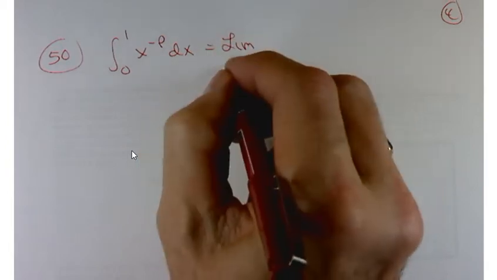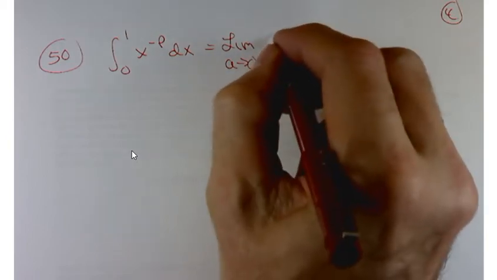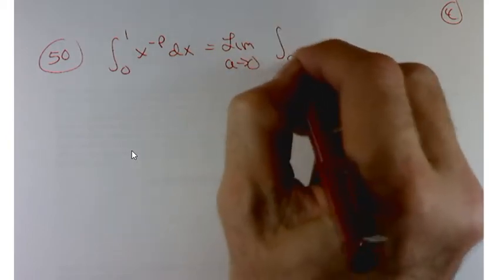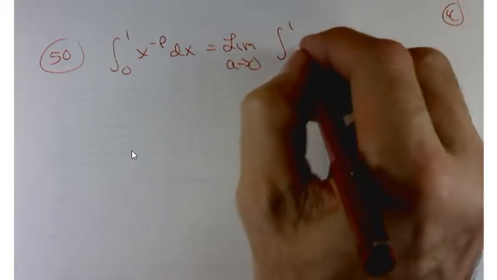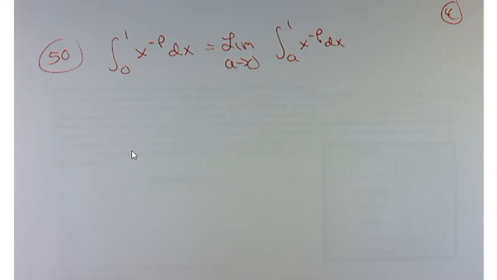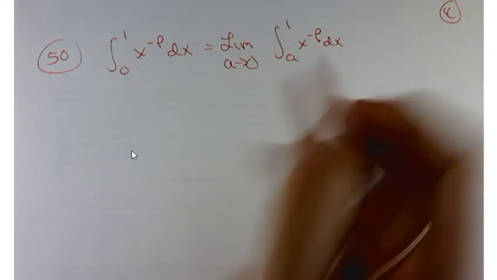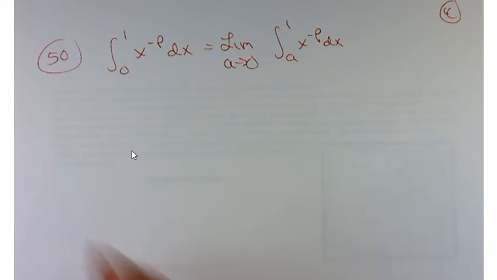Here, we'll live on the wild side. I'll do the limit as a approaches 0. Woohoo! Man, scary. All right. So the limit as a approaches 0 from a to 1. Well, the rest of this now is to find an antiderivative. So let's do that.